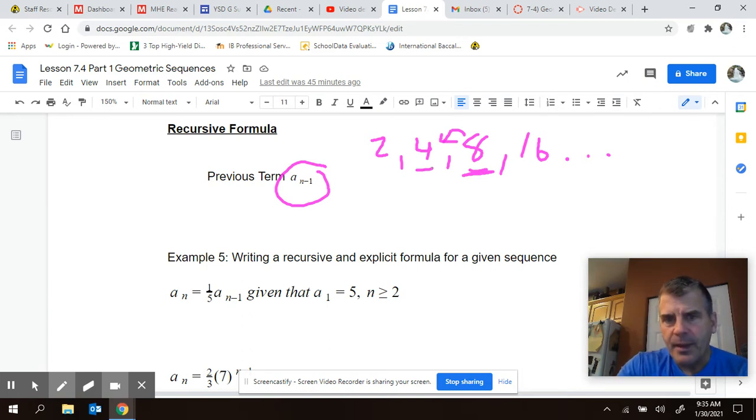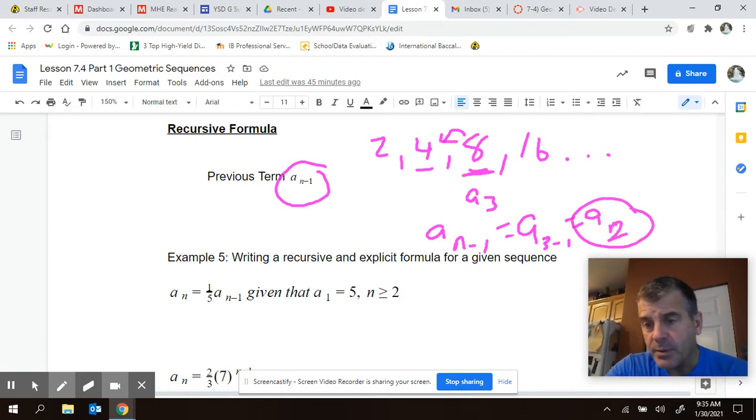Think about this. If the third term is 8, you can find its previous term by writing a sub n minus 1. Well, n is 3 here. So a sub 3 minus 1, check that out. That means the previous term to term 3 is the second term.